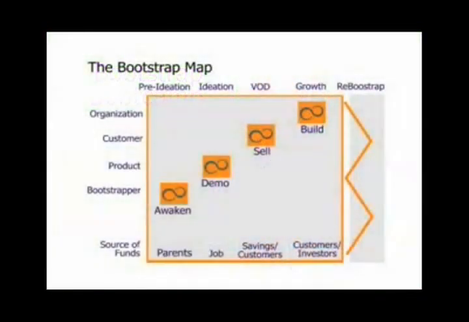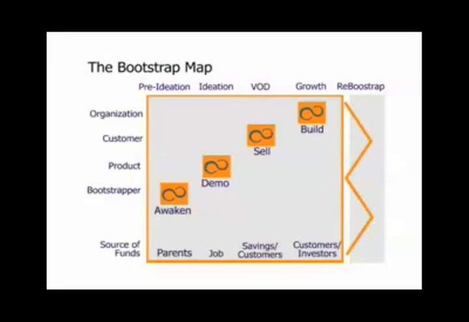Now the y-axis, what we've got there, are the different elements that you as the bootstrapper have to kind of worry about and think about. And so the first line is that all-important capital line. And that's what is going on with the capital and what's the source of capital that is powering the bootstrapper initially and eventually the bootstrap itself.